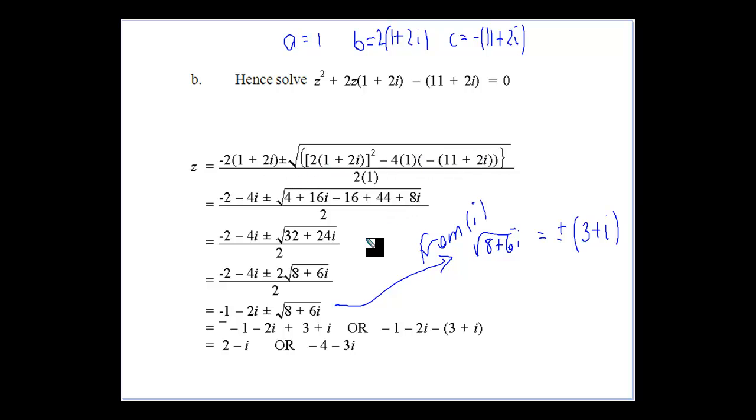So we get it down to 2 lots of 8 plus 6i once we do our factorization, and so we can cancel our 2's. Remember, the square root of 8 plus 6i was plus or minus 3 plus i from the first part. So it'd be plus 3 plus i and minus 3 plus i there, and we're able to get our solutions.